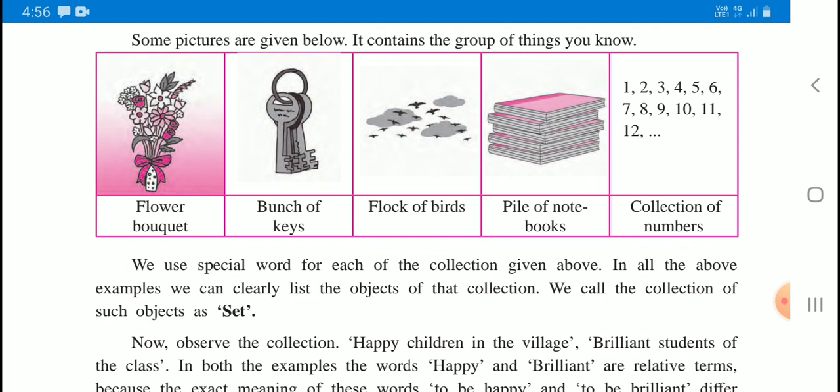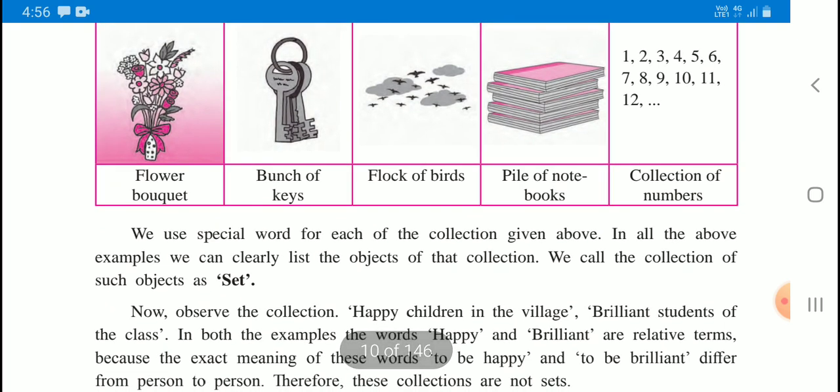If you see, they used a special word for each collection. In the first picture there are different flowers tied in one bunch, so this is a collection of flowers.